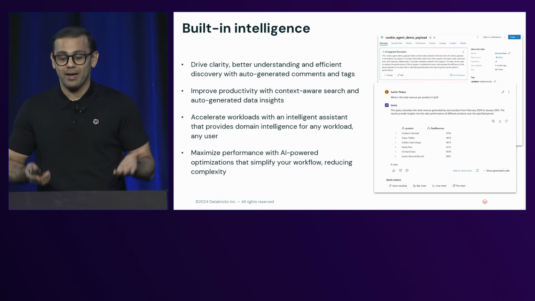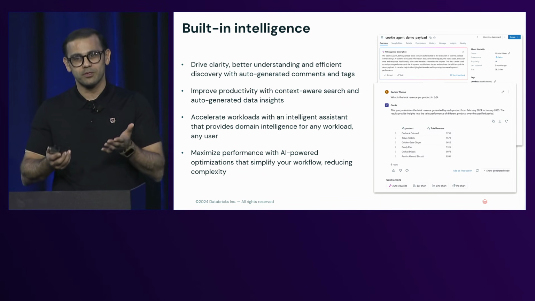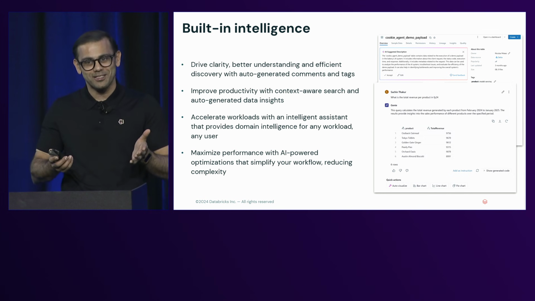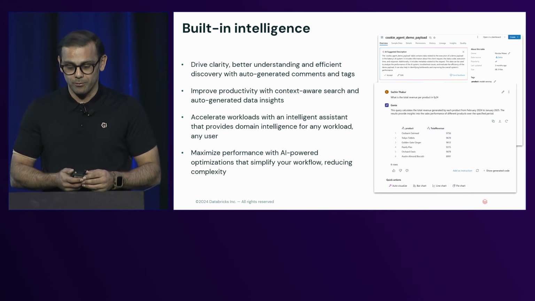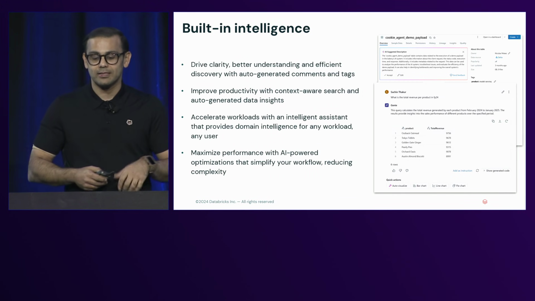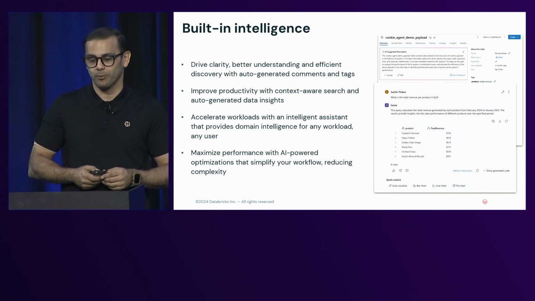This provides, of course, a massive productivity boost for any user of the platform and helps a moderately SQL-literate or minorly SQL-literate user suddenly become incredibly proficient in accessing data. Finally, Unity Catalog also provides AI-powered autonomous performance optimizations to keep costs low and query performance high.